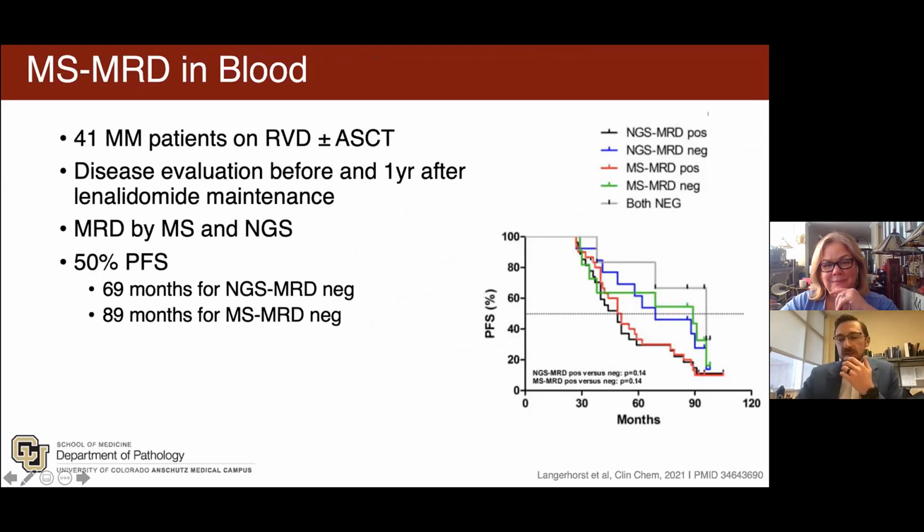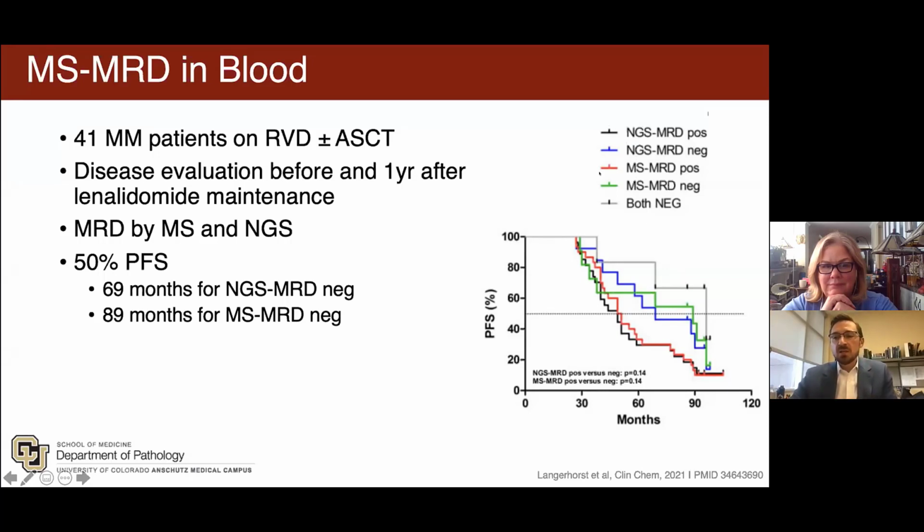So what this Kaplan-Meier curve discuss, everybody here knows what the Kaplan-Meier curve is, so I don't have to go there. But the focus here is that there's two different methods for minimal disease detection. There's next generation sequencing, NGS, and then there's mass spectrometry, which I just kind of highlighted.